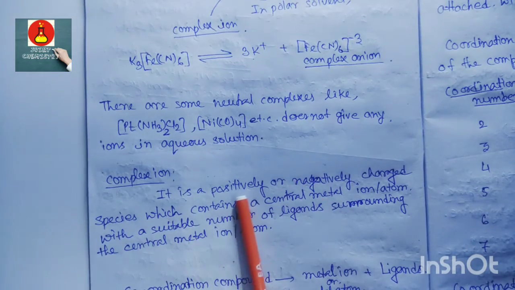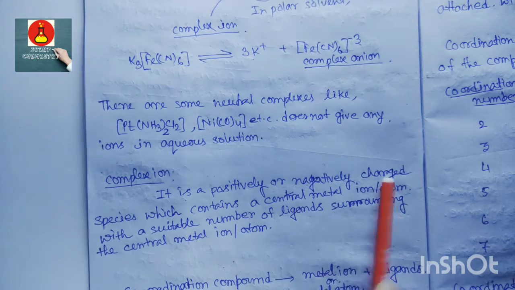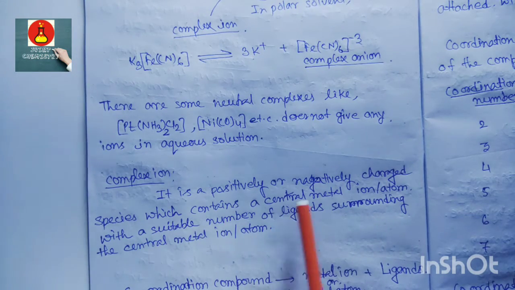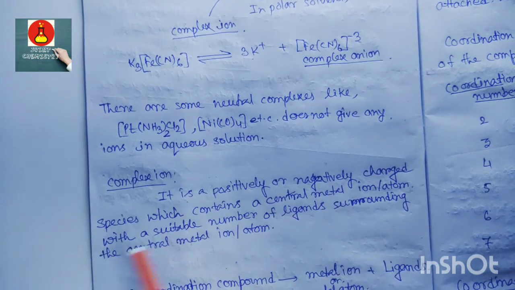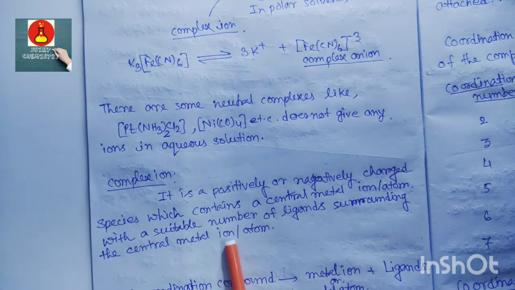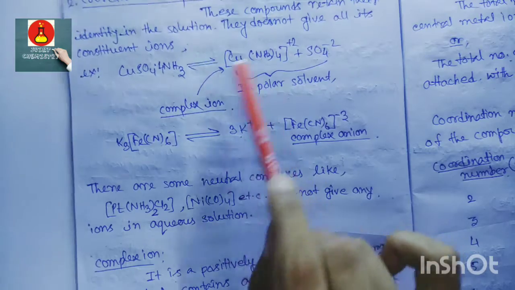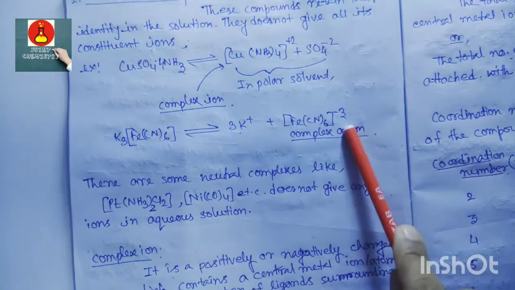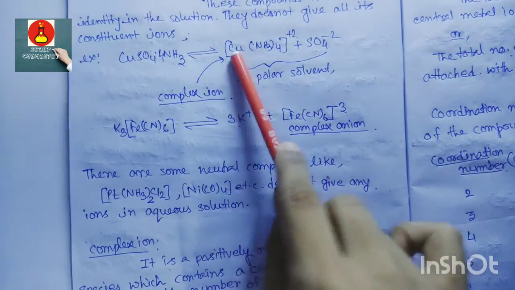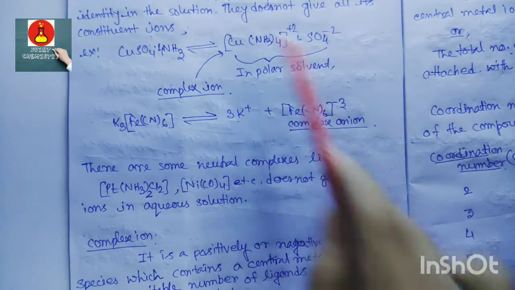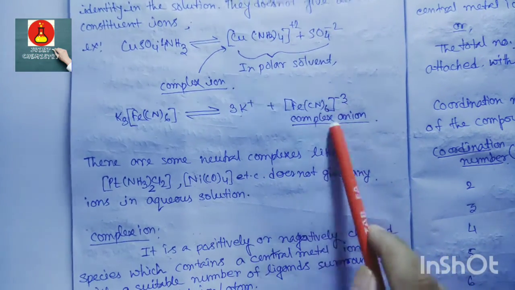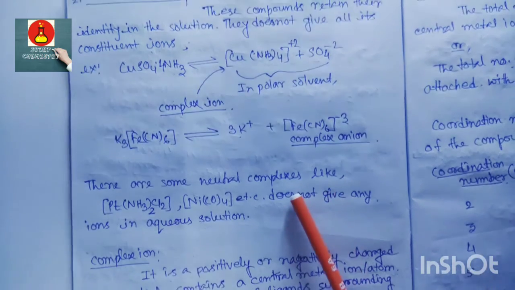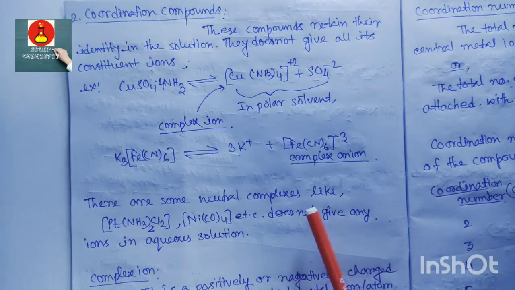Now what is a complex ion or complex anion? It is a positively or negatively charged species which contains a central metal ion or atom with a suitable number of ligands surrounding the central metal ion or atom. These are nothing but a group of ions which do not further dissociate in polar solvents.